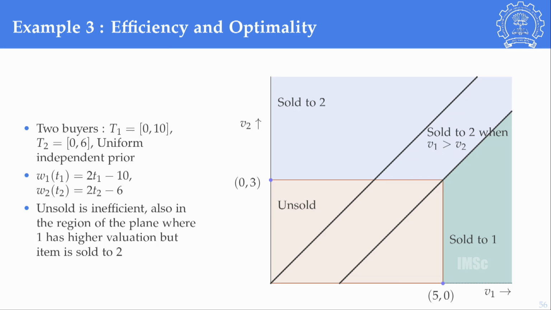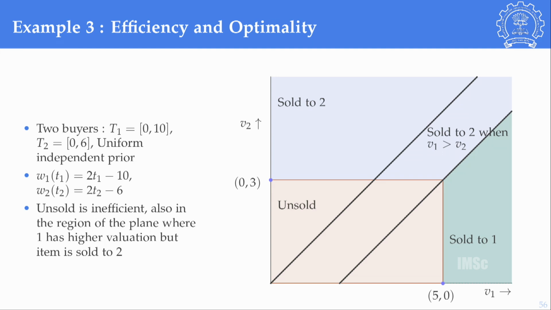That happens below 5 for T1, and also when T2 is less than 3. Within this region you will not sell this item, and that is already inefficient, because the efficiency guarantee says that you should maximize the sum of the valuations. But we will also show something a little more non-trivial.